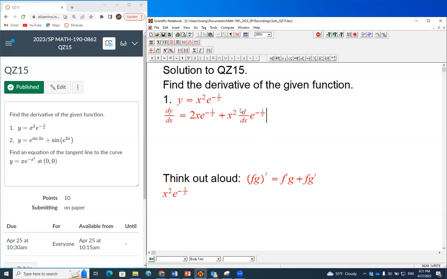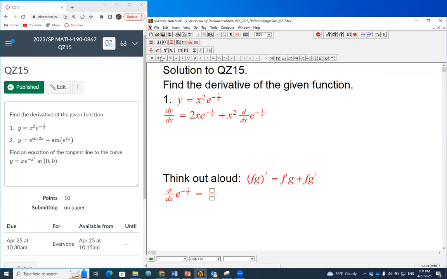This is the place where you get to use the chain rule. When we work on the chain rule on this piece, you will see this as a u.